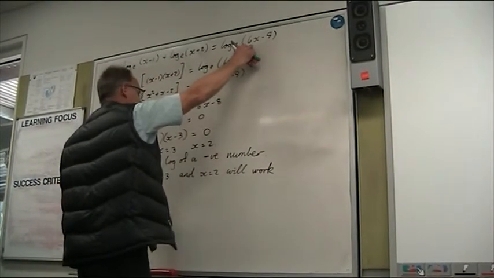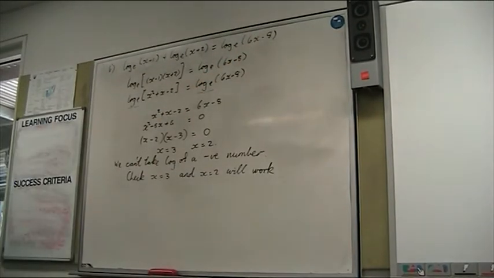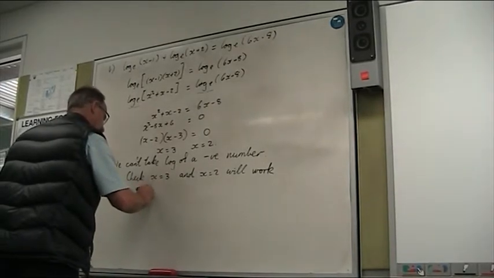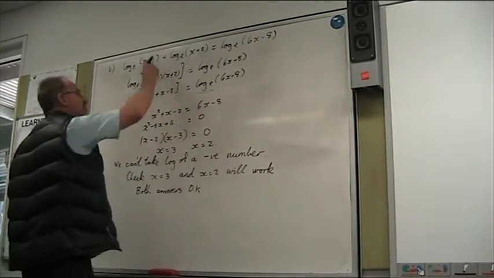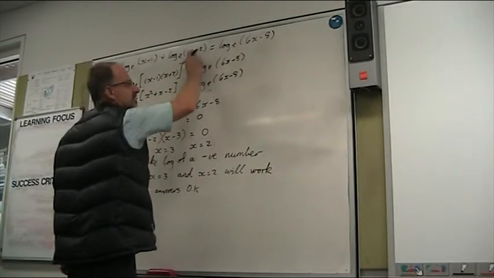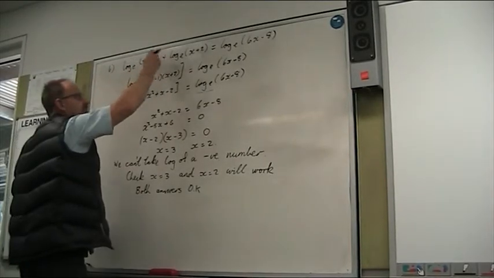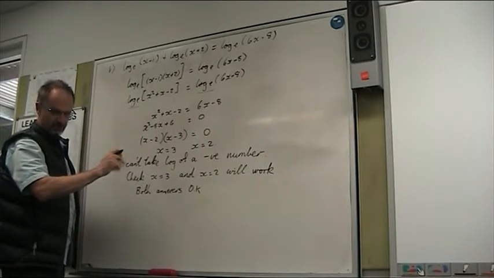This one here, 18 minus 8 is 10, and 12 minus 8 is still positive, so both of these answers are okay. If what we get when we put them back in is a positive number, it's good. If we've got a negative here, then that particular x value would not be a solution.